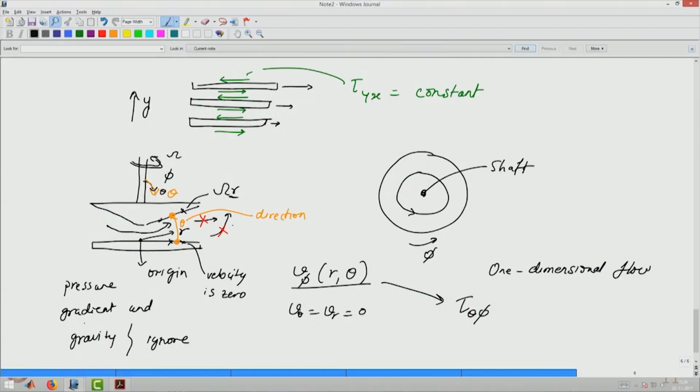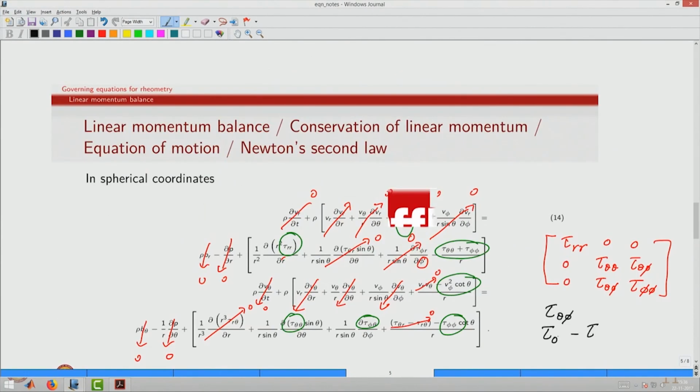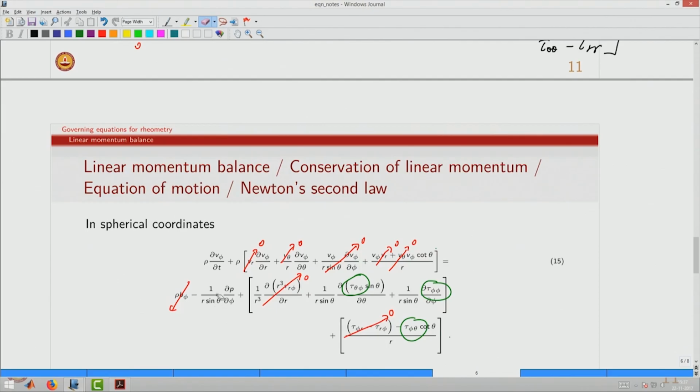So, even though we are saying that there is no pressure gradient applied on the material, we cannot set them to 0. So, what we will need to do is to measure the pressure gradient, and then based on that we can look at what will happen to the overall governing equations.